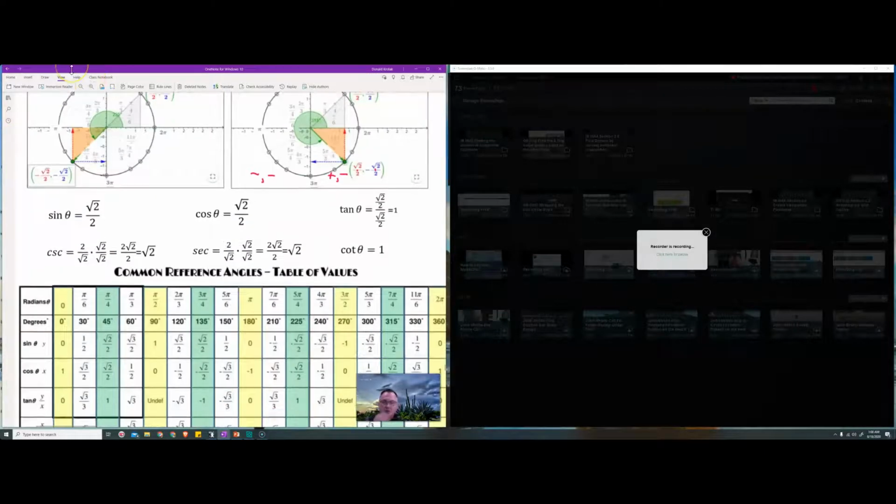Alright, so when we're dealing with the root 2 over 2's, here are our different values. I just did all the work to kind of speed it up a little bit. Remember your sine is your y, your cosine is your x. Tangent is y over x.